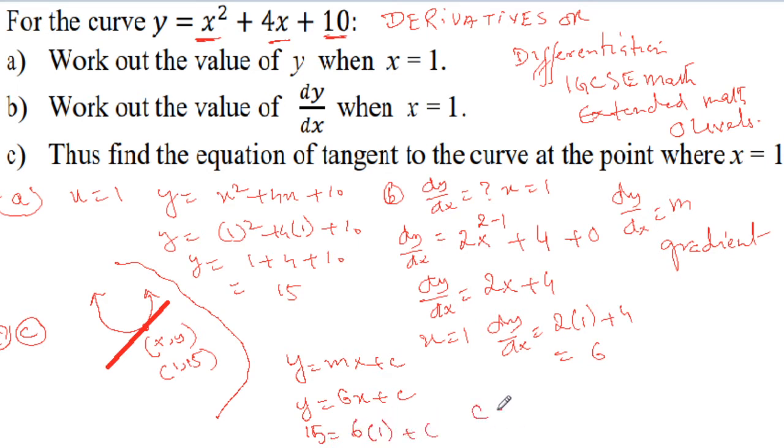So c becomes 15 minus 6, which is 9. Equation of tangent becomes y is equal to 6x plus 9. That's the result. That is part C.